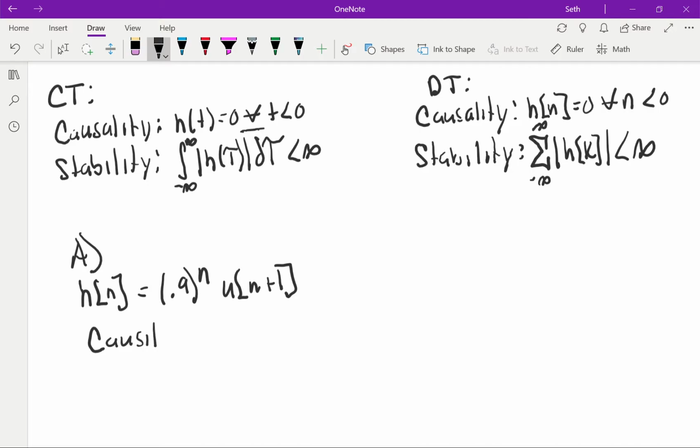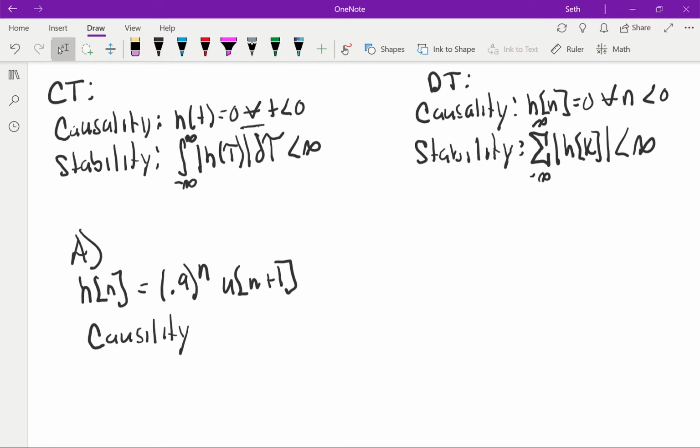We just need to test a value of n less than 0 and see if we get h of n equal to 0 for that value.